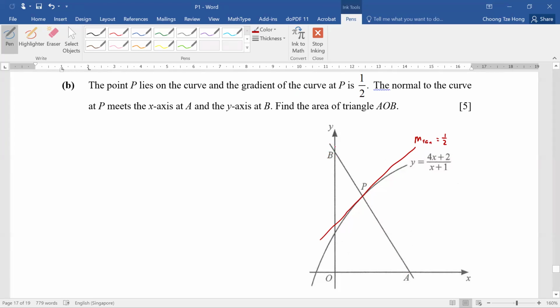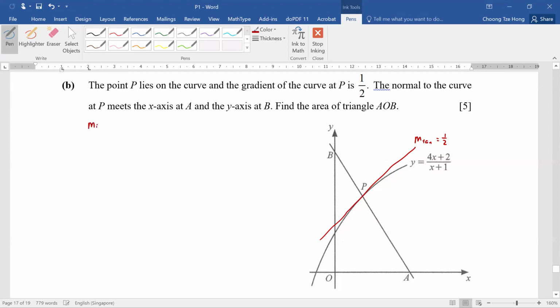Right, so if you recall, to find the equation of any line, you need two things. Firstly, you need to know the gradient of the line. Okay, the gradient of the line we can find actually very easily because we know the gradient of the tangent. So gradient of tangent times gradient of normal will give us -1. Okay, so maybe we can actually try to find the gradient of the normal, or in other words, gradient of line AB now.